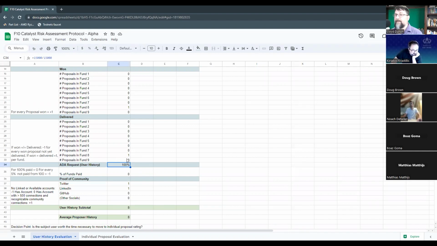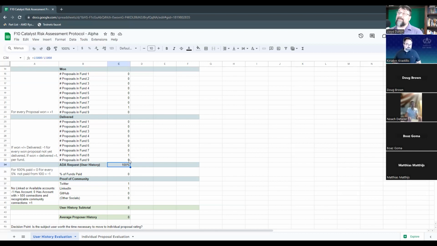But again, I ran this on a couple of teams that have some proposals out right now, and I got like -2, -3 for a couple of those teams. But then interestingly enough, if they had lots of experience, if they've been here for a while, one of the teams has been here since Fund 2 that I ran this on, and even with a -3 here, they still were very high positive. They were still like a +15 because they've been here for a while and they've delivered lots of projects.